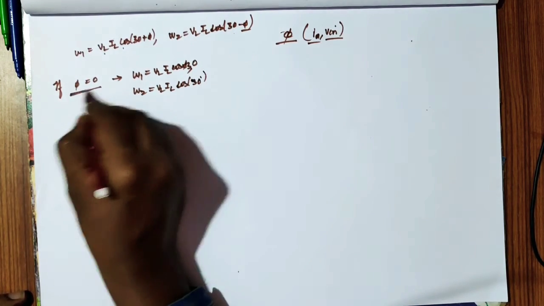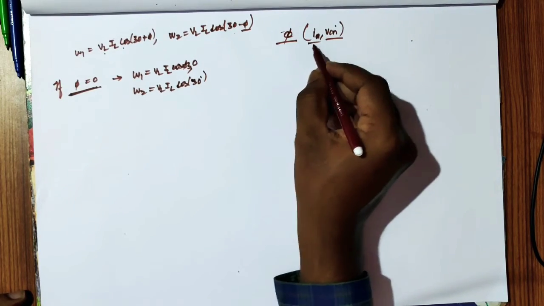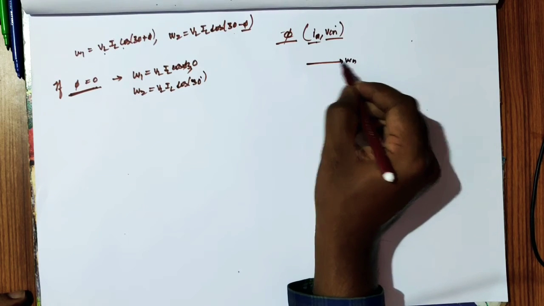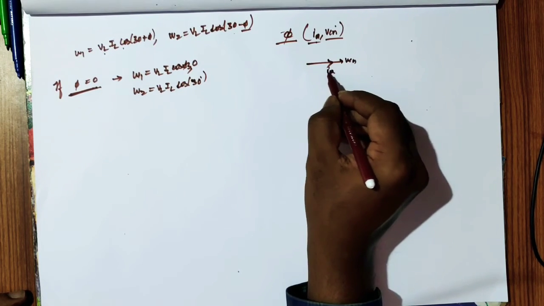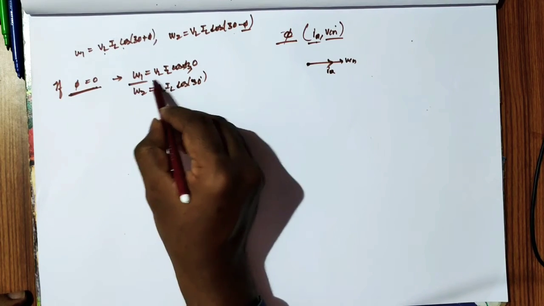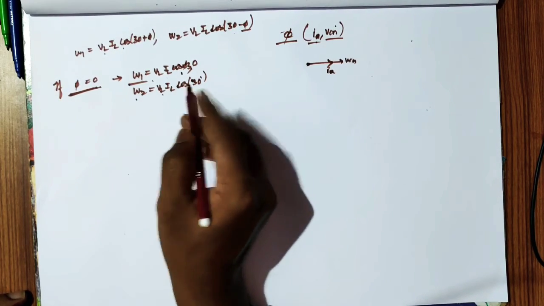So for unity power factor, that is, if the phase voltage and line current have a difference of 0, then we obtain W1 and W2 both as VL IL cos 30.